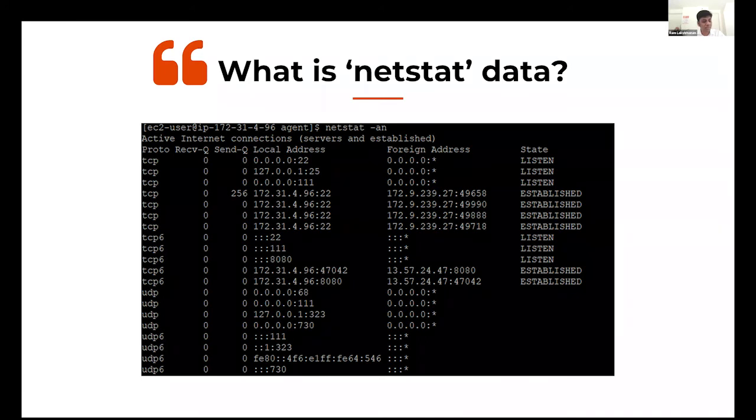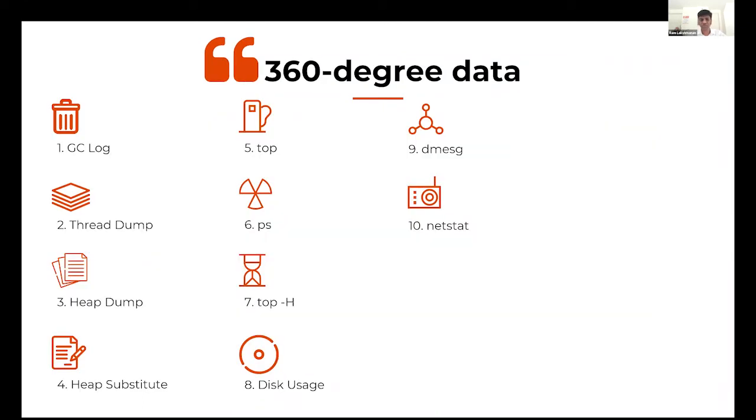But let's say there is some slowly responding system of record, right? In that case, the number of connections is going to go high for that host, and then it's going to come into visibility. And sometimes because of some kernel issues, or if the system of record is not closing connections, you may see your connection states, like FIN_WAIT and CLOSE_WAIT, starting to build up. So having this information will help you isolate most of the network related issues.